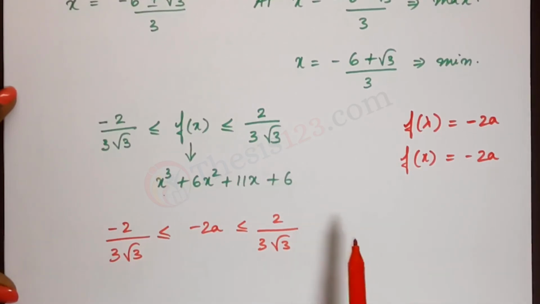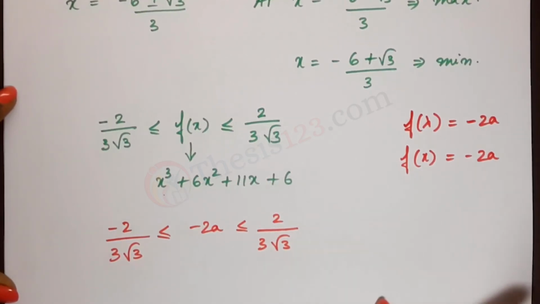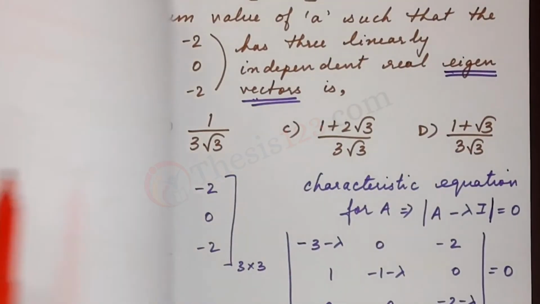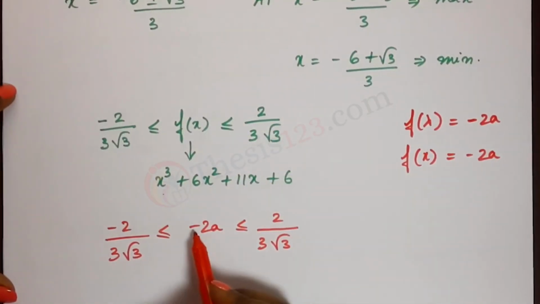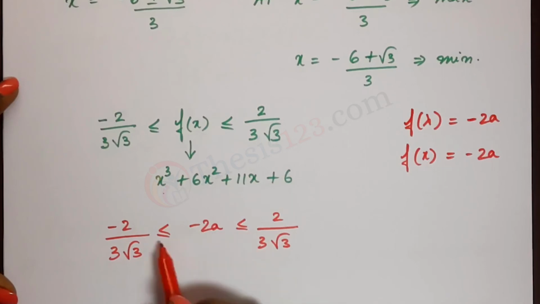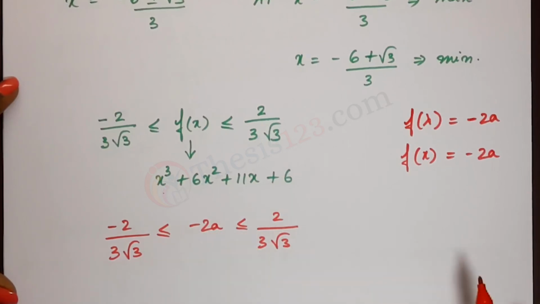Now we are to find out only the maximum value of a. That's what the question says. It says we need the maximum value of a. Now if we eliminate the negative sign, we would have to flip the inequality. You know the inequality rule, that if you divide by a negative number, you will have to flip the inequality symbol.